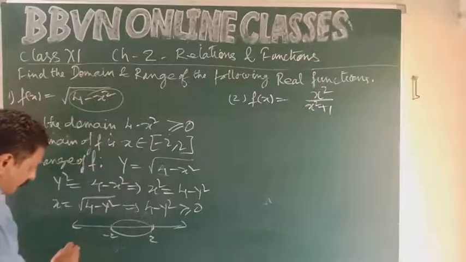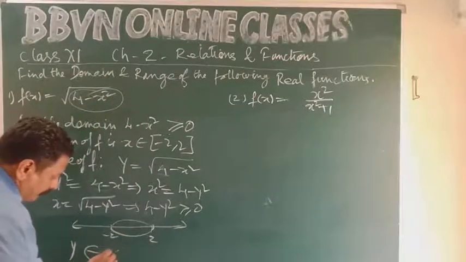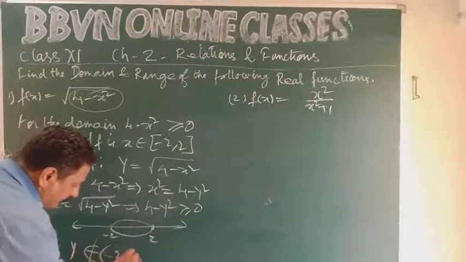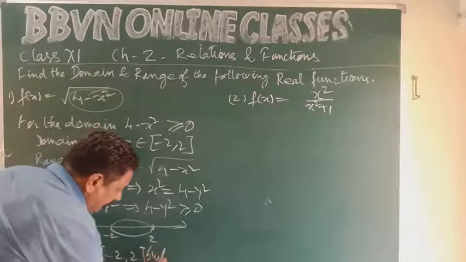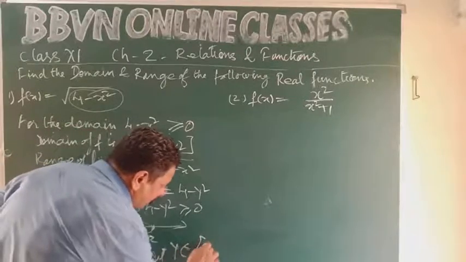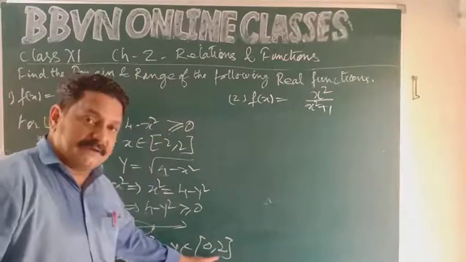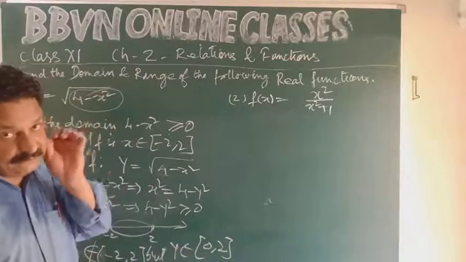So y should not belong to minus 2 to plus 2. But y belongs to 0 to 2. So the range of the function is 0 to 2. I hope you got it. Range of the function is 0 to 2.